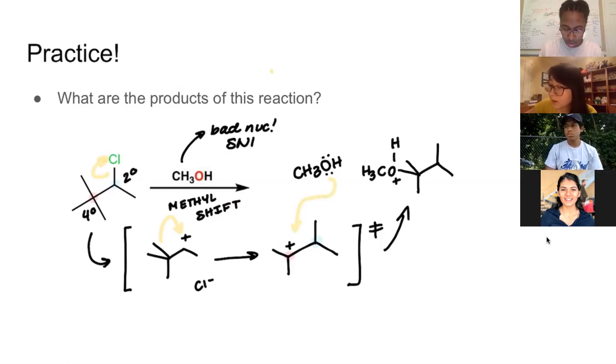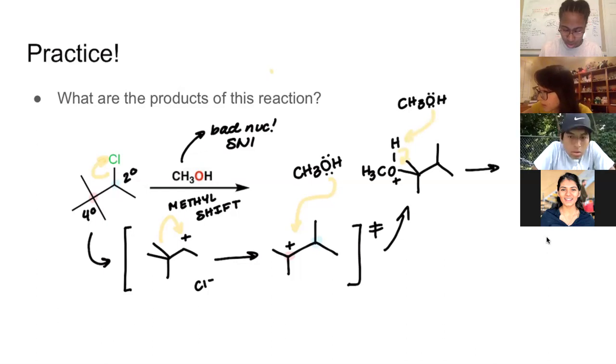And you want to go ahead and deprotonate him like we always do. So this lets me take off that plus charge by taking off that proton, and your final product is going to look like a less ugly version of that. That's still ugly. Oh well.